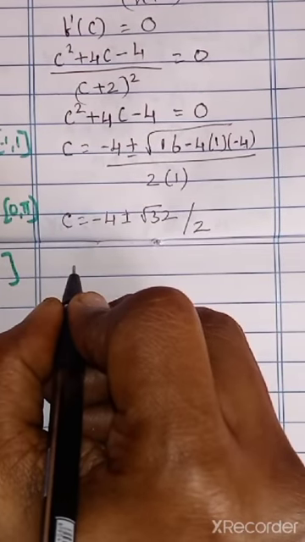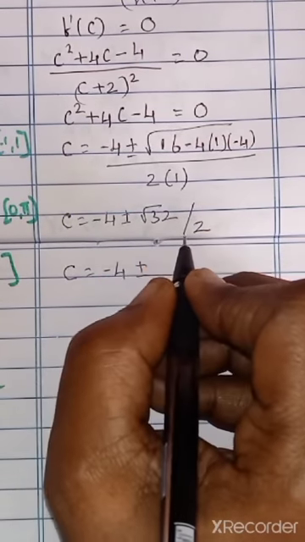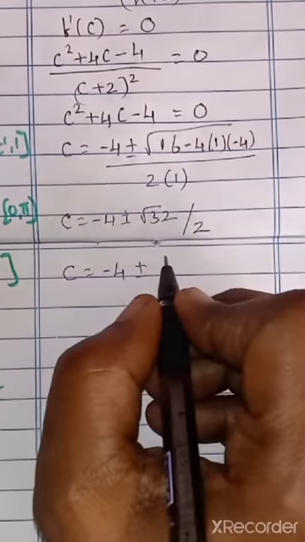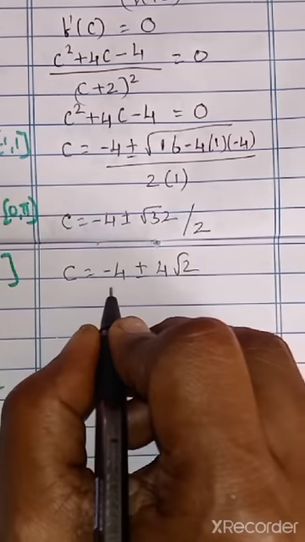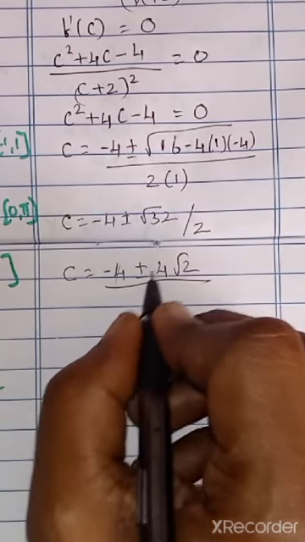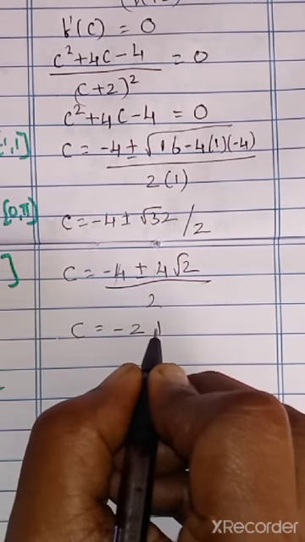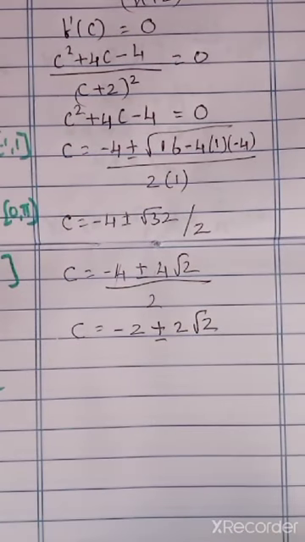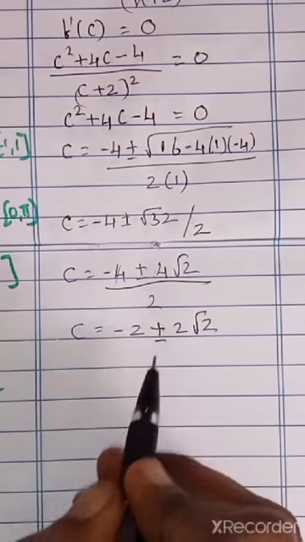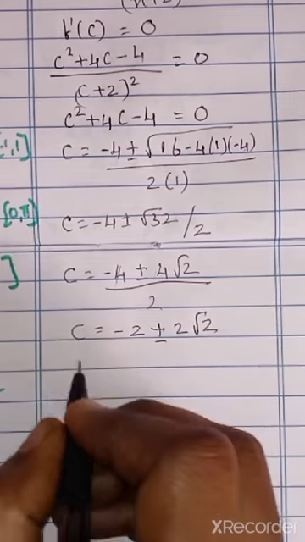Now c equal to minus 4 plus or minus, the 32 can be written as 16 into 2, correct? So root of 16 is 4, root 2, divided by 2. So if we cancel the 2 and the 4, c equal to minus 2 plus or minus 2 root 2. Correct. Now plus or minus we have got here, but what interval is given to us? Okay, now look here.